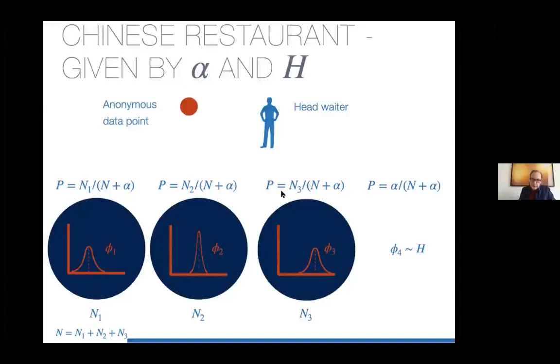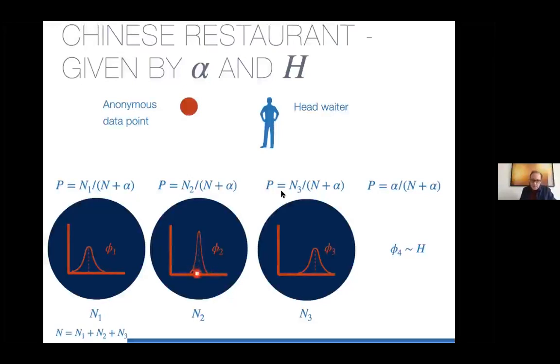First, it will assign the data point to one of these tables that we have here. And then, depending on the distribution present at the table, the data point will actually get the value. So if the data point is placed at this table, it will typically be a smaller value than if it's placed on this table.